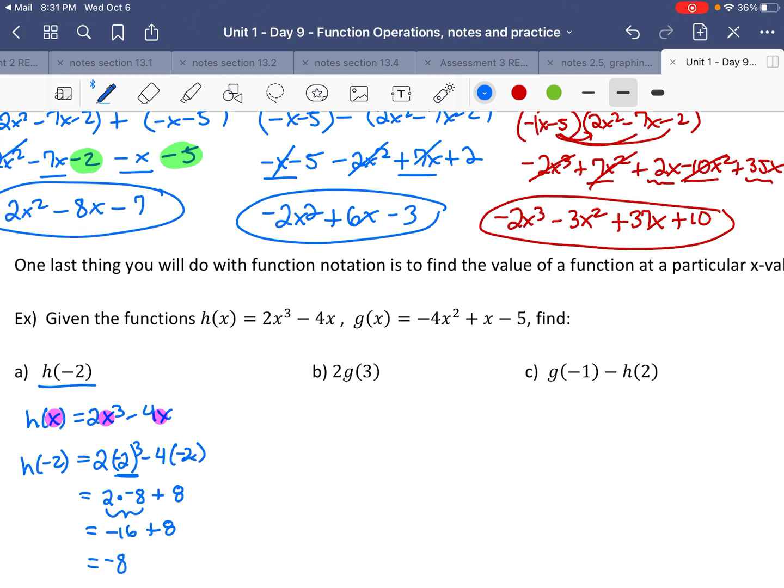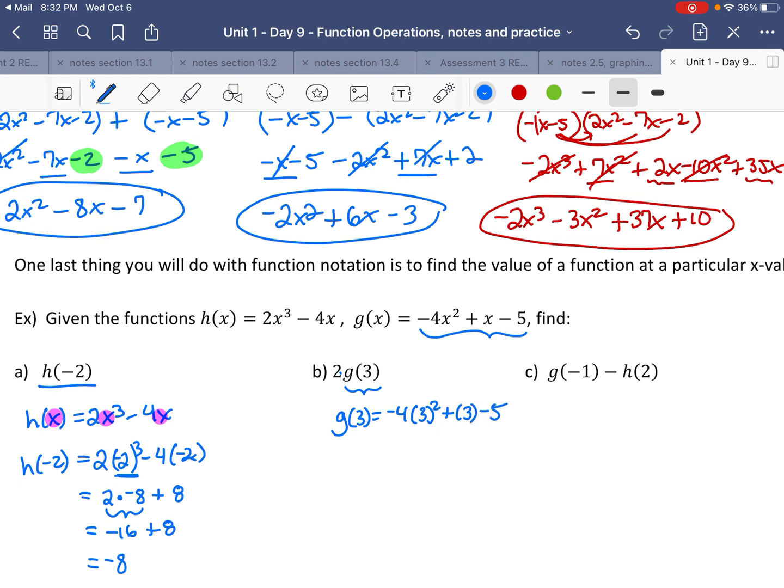All right, letter B. Letter B says 2 times g of 3. So basically this is multiplied, right? So let's figure out what g of 3 is. That means I have to plug 3 in for all these x's here. So g of 3 is negative 4 times 3 squared, plus 3, minus 5.